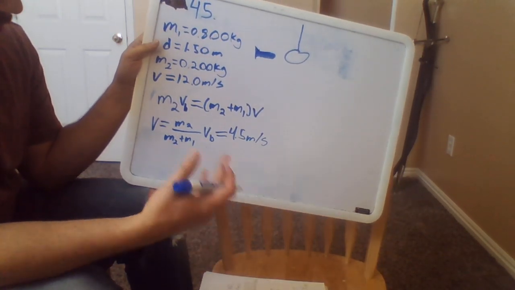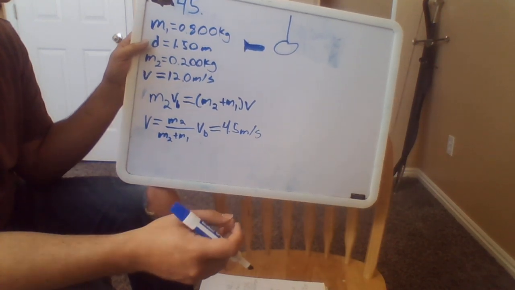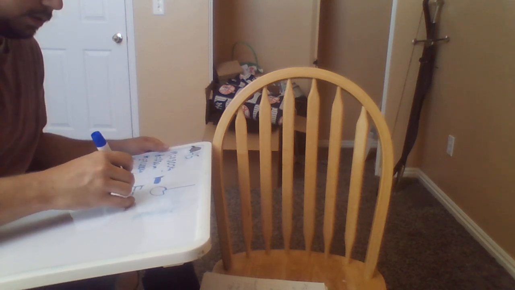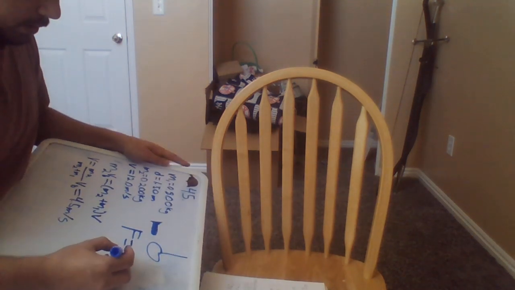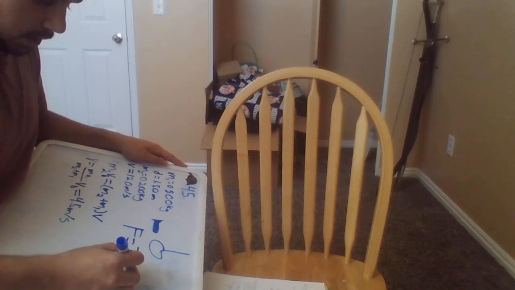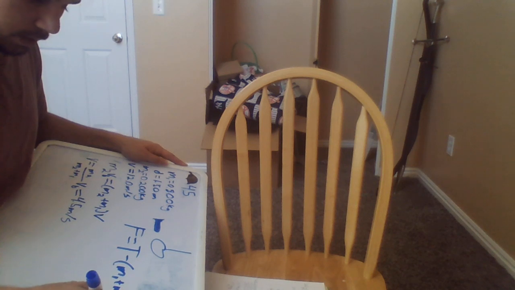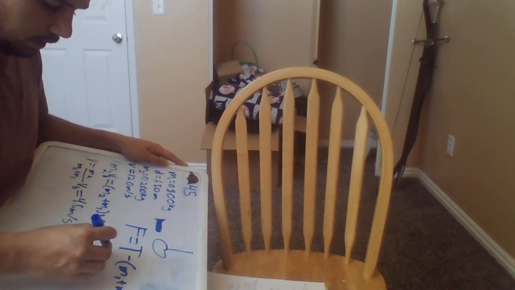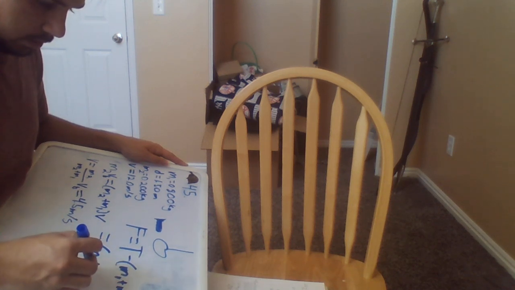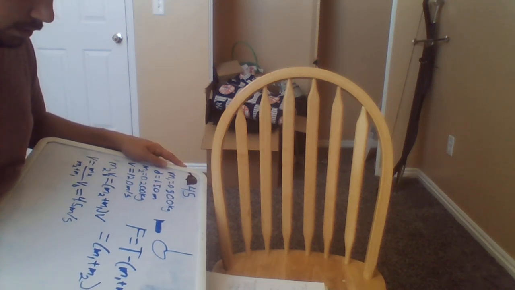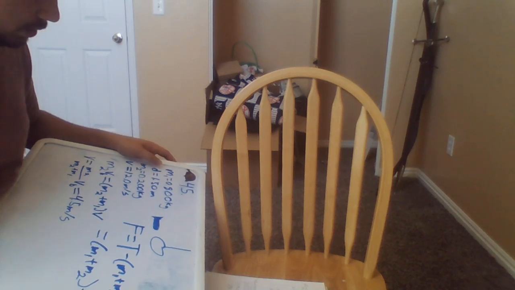So the next thing we need to figure out is the tension, now that we have the velocity. For that equation, the net force is equal to tension minus the mass of both objects times gravity, which is equal to the mass of both objects together times v squared over r, the radius, which is just our distance.